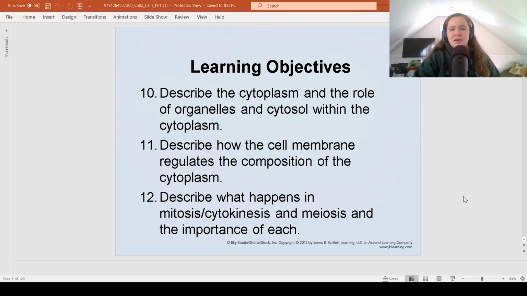Describe the cytoplasm and the role of organelles and cytosol within the cytoplasm. Describe how the cell membrane regulates the composition of the cytoplasm, and describe what happens in mitosis or cytokinesis and meiosis and the importance of each.